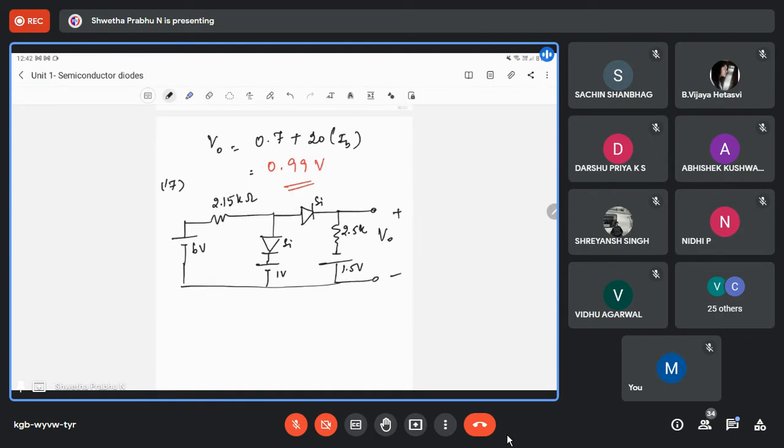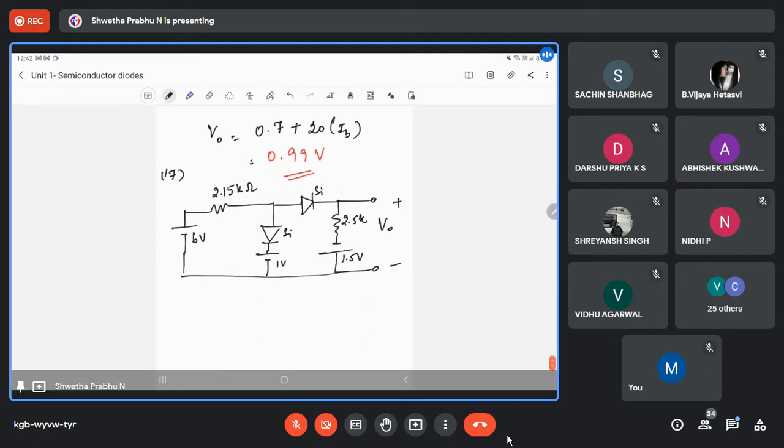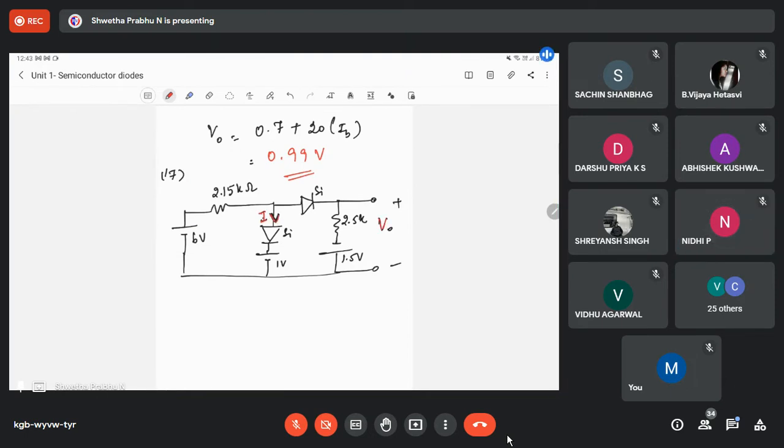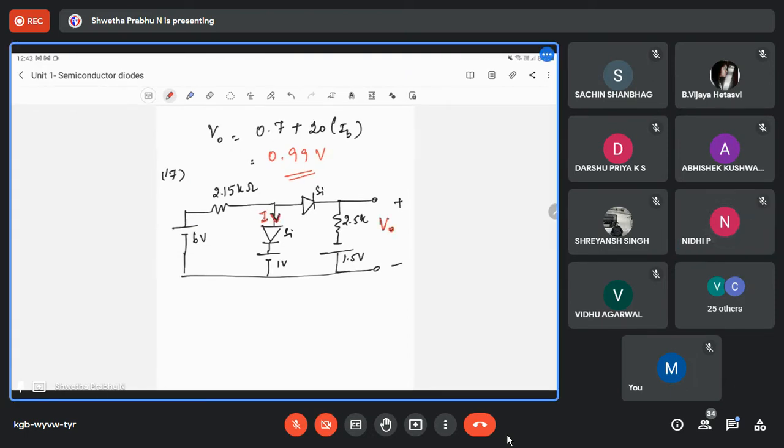Okay, make a note of the circuit. They're asking you to find the current which is flowing through this path, main current. Are you able to see this one? Yes, ma'am. I and V naught. This is the given question.